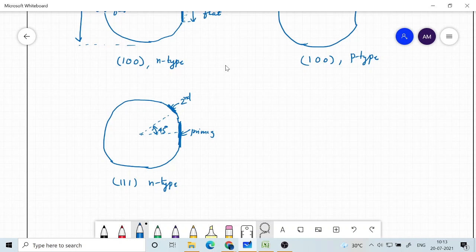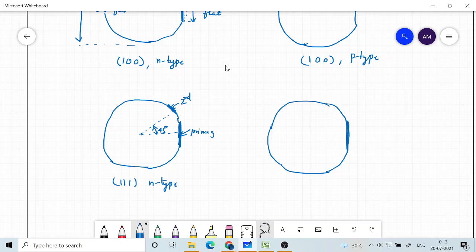What we are basically changing is the angle, and then one more. Most of the wafers that are used are one of the four. There is a reason why other planes are not taken into account, which we will see.